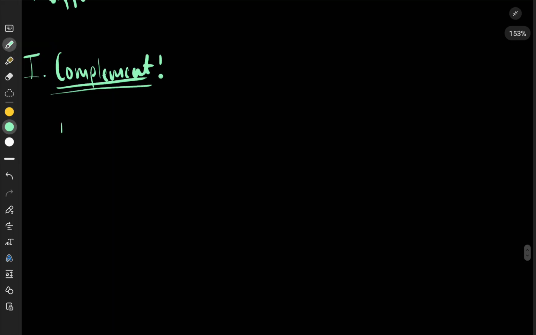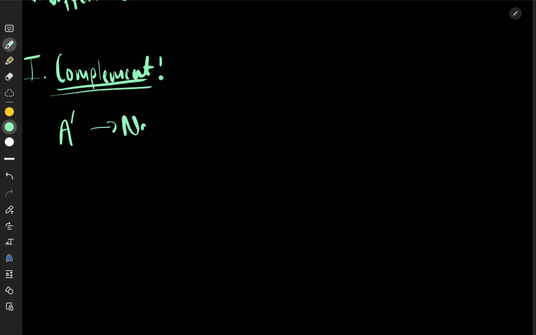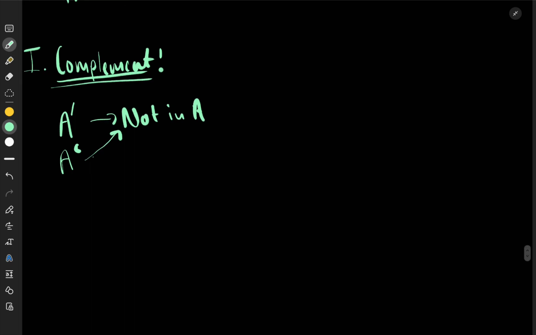We use this symbol, a forward slanting slash, and we like to call it prime. So we can say A prime or the complement of A. And this just means not in A. You want the things that are not in A. You may also see it written A complement with a small c. It means the same thing.